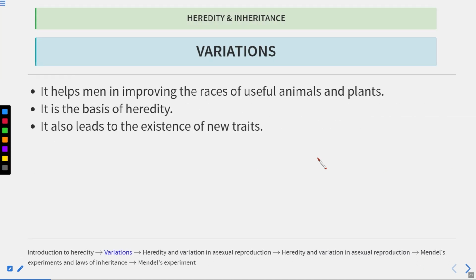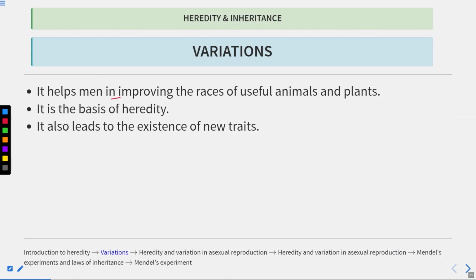Clear? Now it helps man in improving the races of useful animals and plants as well. We have already seen that during artificial breeding, or animal husbandry, certain traits are selected, and the progeny which is produced will have all the desired traits, and that will be called the improved variety. The same goes for plants also.